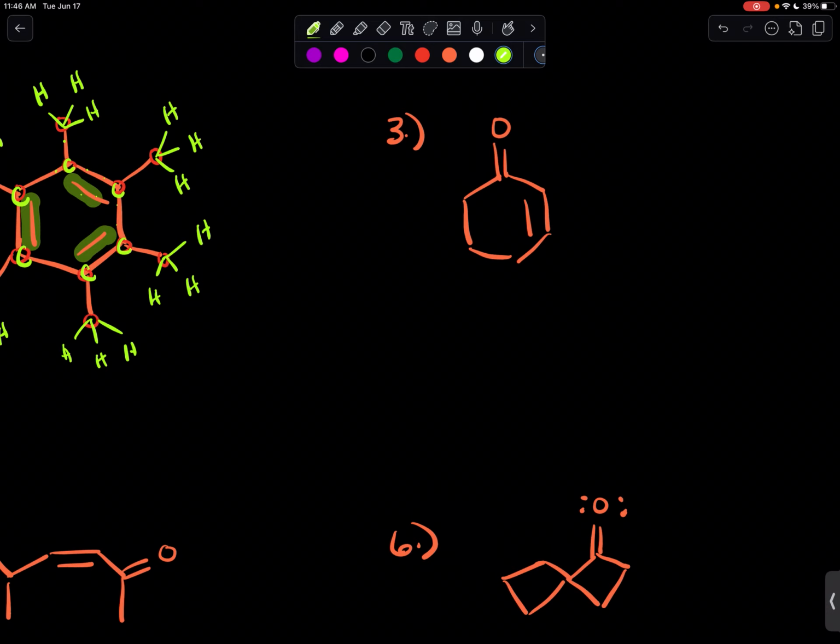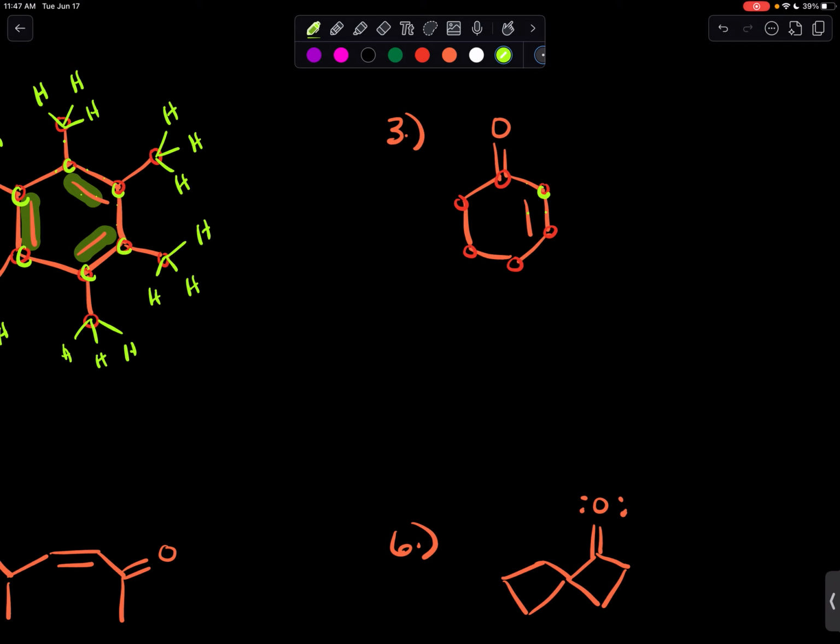Alright, so let's look at this next one. Let's locate all of our carbons. So we have a carbon here, one here, one here, here. Alright, so we have 6 carbons. And now let's look at our hydrogens. What did we say about a carbon? Well, in this case, this carbon has 1, 2, 3, 4, 5, 6.